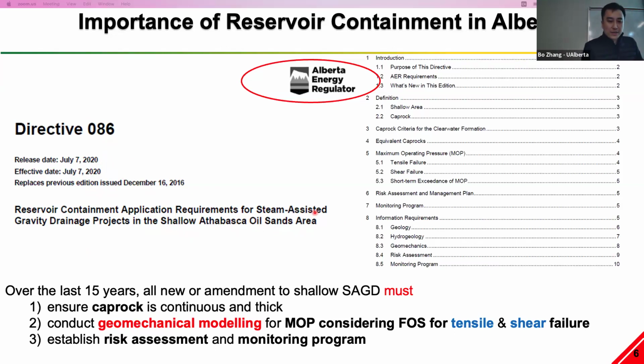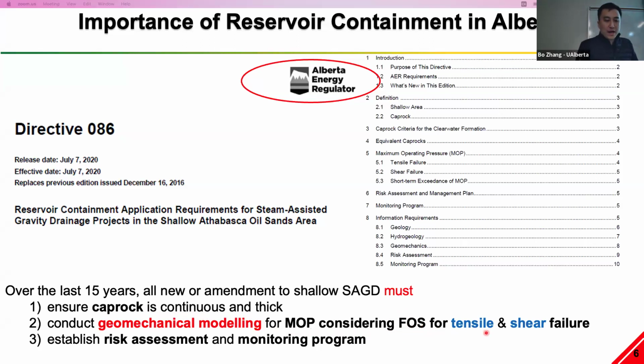As we can see here, the Alberta regulator, for the last 15 years, requires that all new or amended shallow SAGD projects must ensure the caprock is continuous and thick, and geomechanical modeling has to be conducted for the maximum operating pressure, considering the factor of safety for both tensile and shear failure.